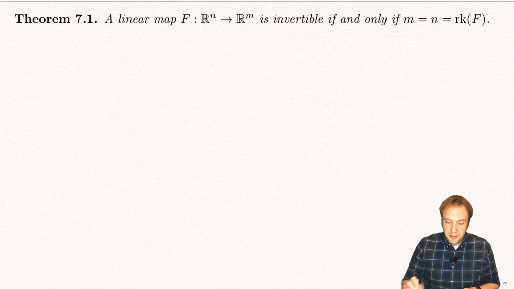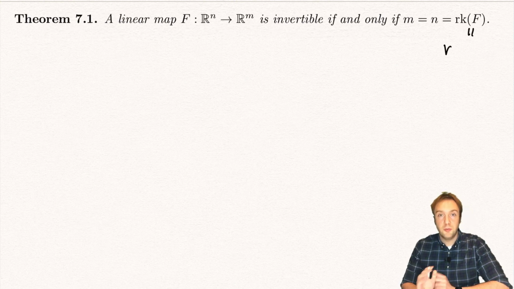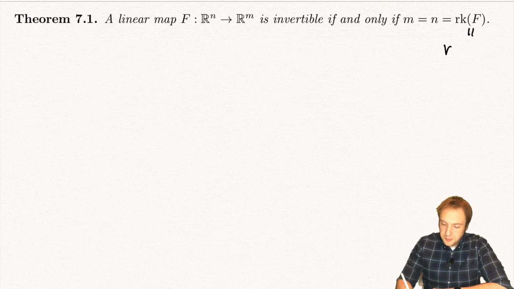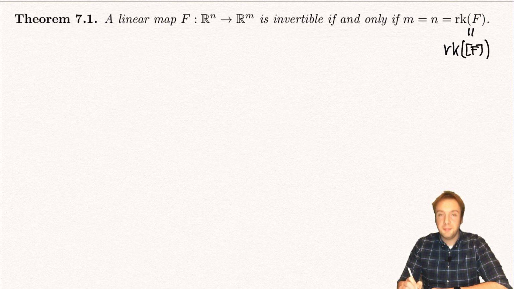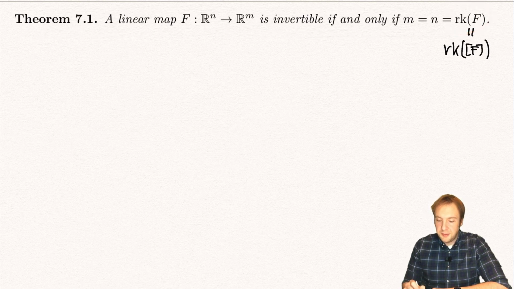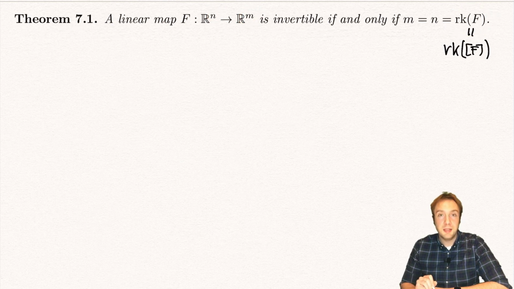We didn't really define the rank of a linear map f, but the rank we just defined for a matrix was given by the number of pivot elements in the row-reduced echelon form of this matrix, and the rank of a linear map is, as you might guess, defined by the rank of its corresponding matrix. And the statement is: if the number of rows equals the number of columns of this corresponding matrix, so in particular this n needs to be m, and if this equals the rank, then this linear map is invertible.